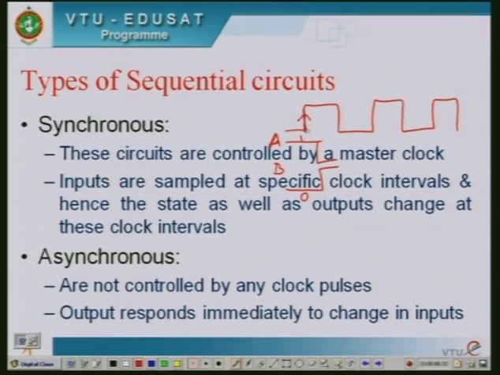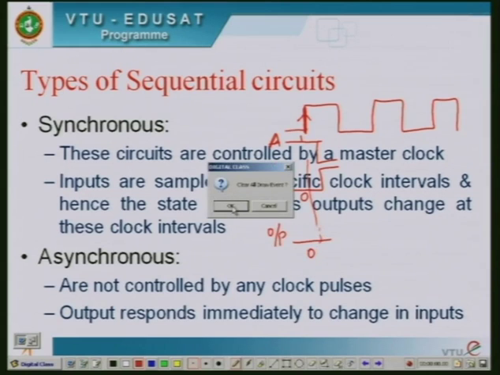These values are considered at this particular clock edge. At one particular clock edge, you consider the values of inputs, and the output will change at this time. If A is high and B is 0, maybe the output should remain in 0 state. It takes the sample exactly at this clock interval, the values of inputs are taken, and the output changes state. It remains in 0 state. So, this is how it works.